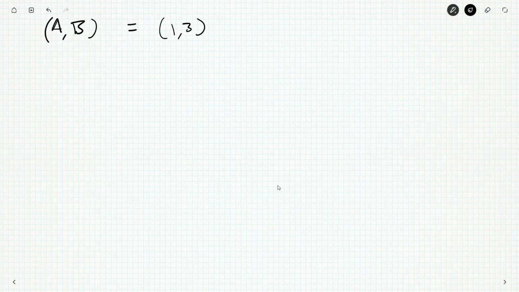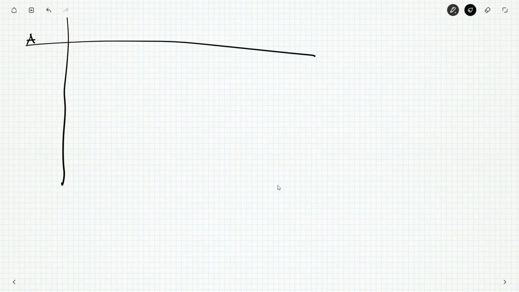So we could have 1 and 3, or we could have 2 and 3, or player A could roll 3 and B could roll 3, and we could list them all out. There's 36 of them. But I think an easier way to do this question would probably be just a very quick chart. So A rolls a 1, a 2, a 3, a 4, a 5, or a 6.